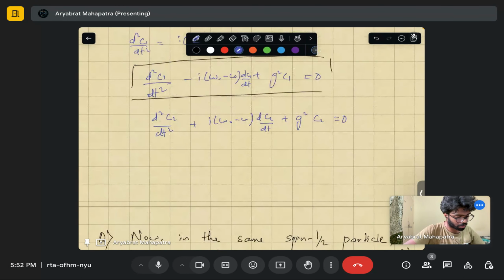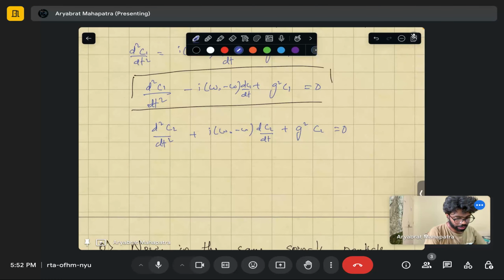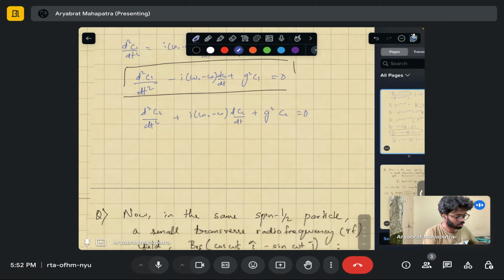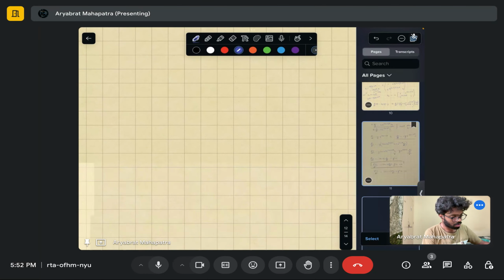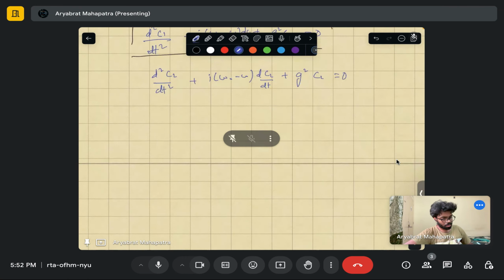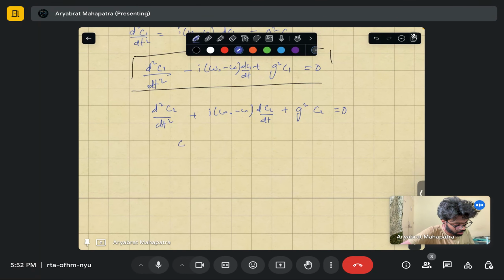Only in C1 and C2 variables you get it, and now if you want to solve for C1 and C2, let's say you solve for C2, this differential equation is easy to solve.